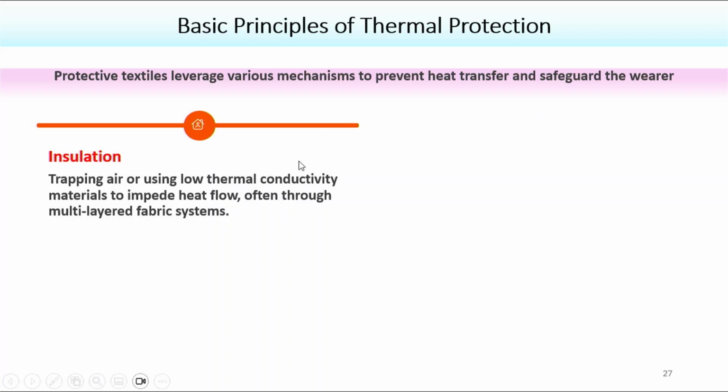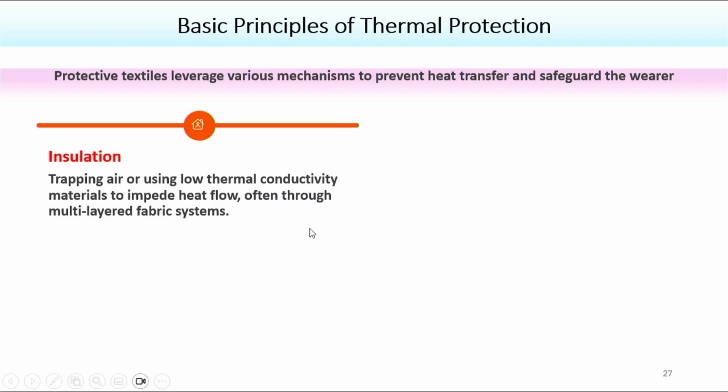First is insulation, where we generate insulation in clothing that will prevent conductive heat. Trapping air or using low thermal conductivity material improves thermal resistance to stop the heat flow, often through multi-layer fabric assemblies.